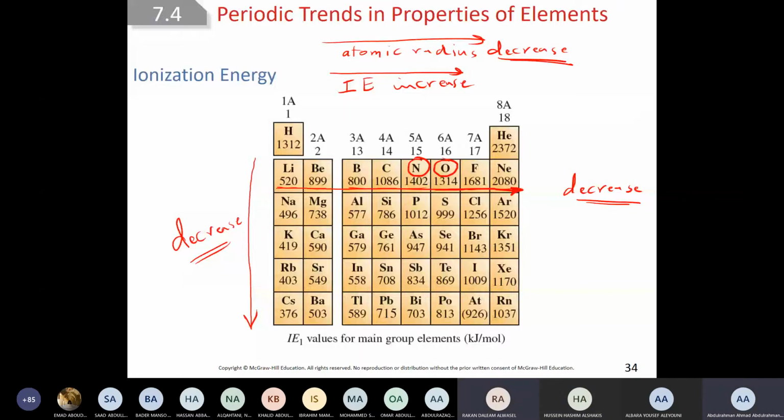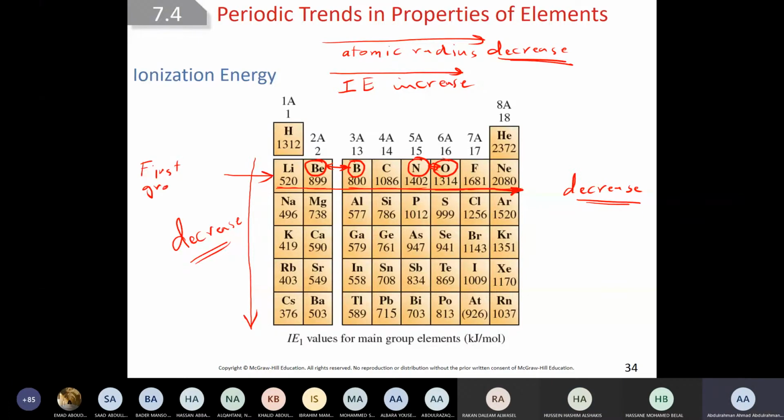Let's look at the first period only. Oxygen and fluorine, no, it is increasing. Be and B, yes. That's the other exception. Between Be and B, and between N and O, it's not increasing. Is this clear?